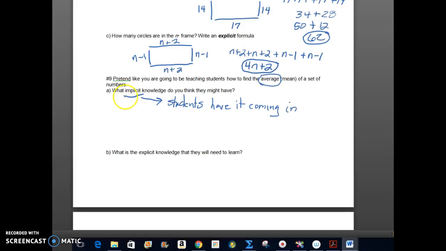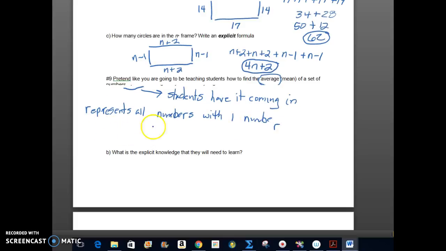So you'd want to have a discussion with your students about what that word means to them. We might say things like it represents all numbers with one number, like a batting average does. Okay? Other people might say it is the middle number, right?